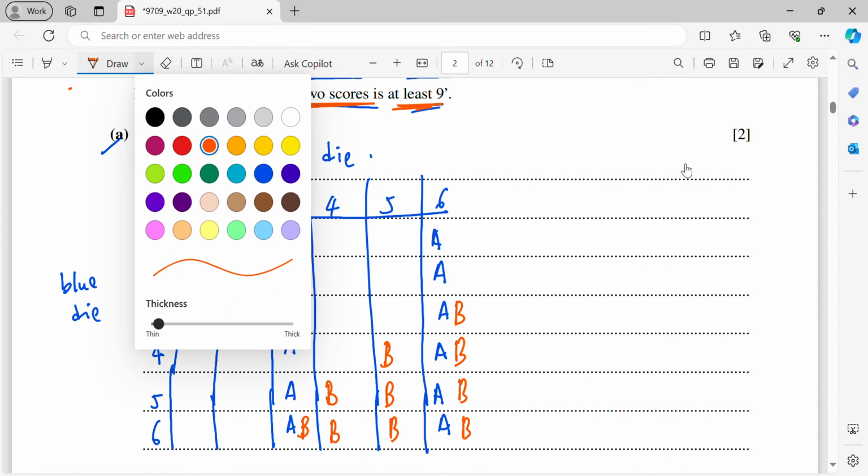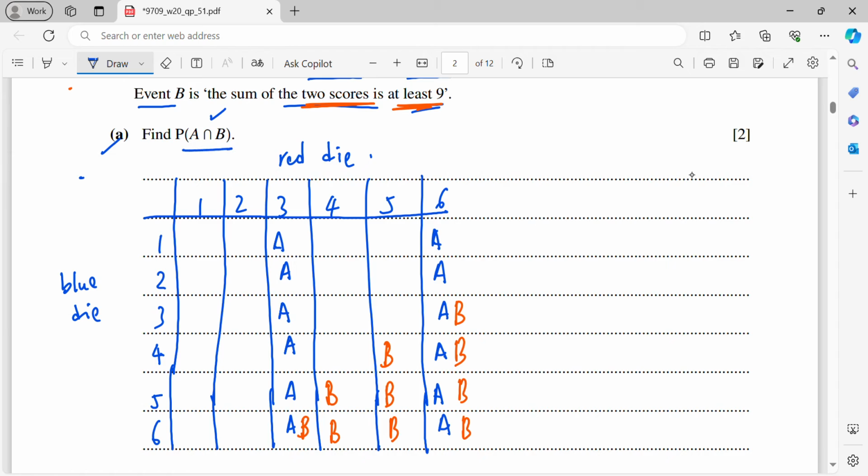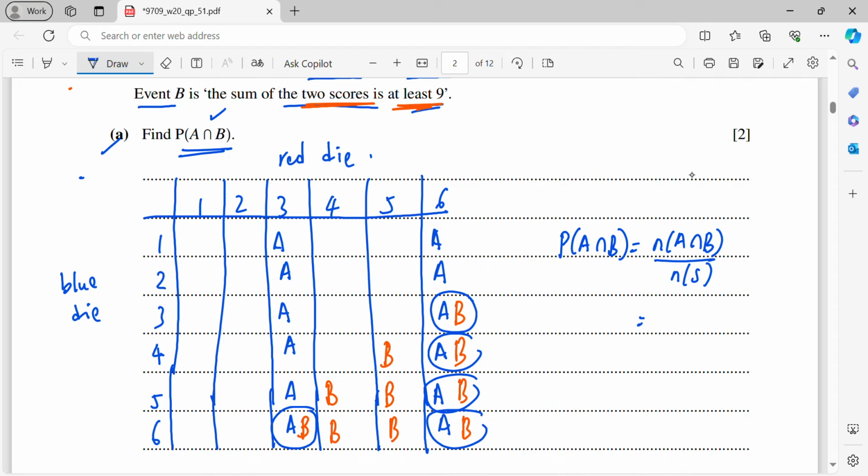Okay, so now, when we come back to the question, probability of A intersects B, this is basically P(A intersects B) equals N(A intersects B) over N(S). Okay, so N(A intersect B) means how many outcomes for the A and B. So from here, when I look at the table, I will have all these outcomes which have A and B. So obviously there are 5.